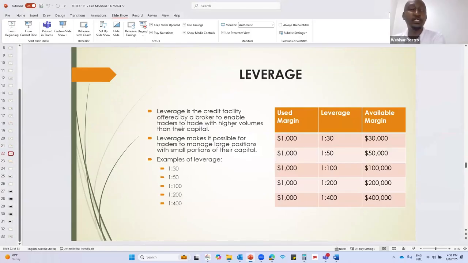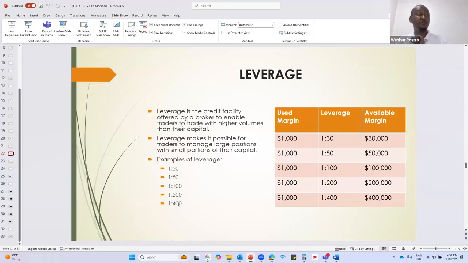It's not like the bank credit, all right? You will not see it in your MetaTrader 5 balance, but it is automatic. For instance, we can have different leverages, 1:1, 1:30, 1:50.